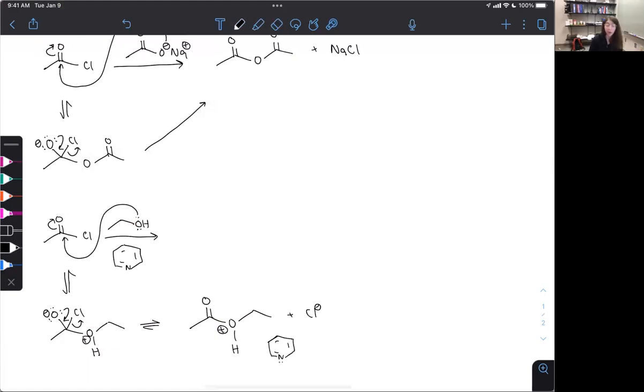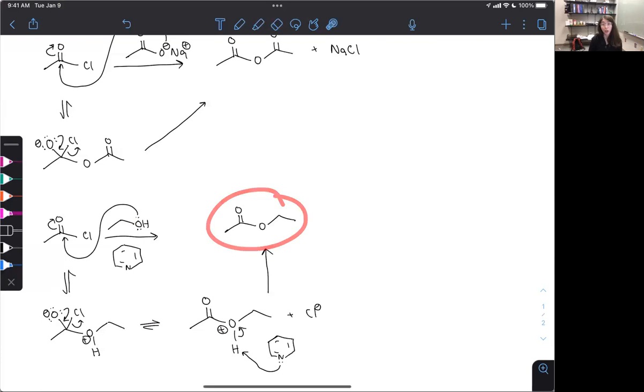Okay, so now our pyridine is a good enough base to go get this highly acidic proton. And this is pretty much a one-way trip. So this is a pretty good irreversible step with the acid-base reaction, but also because the ester is a lot lower in reactivity than the acid chloride is. So it's harder to go back to the acid chloride from the ester.